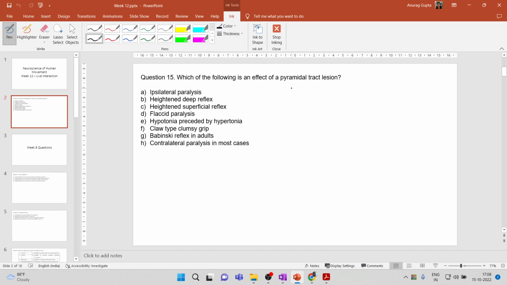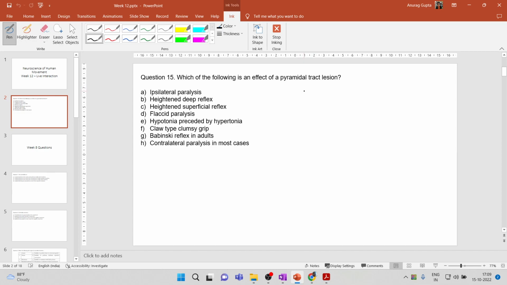The neurons that go from the cortex to the brainstem are called the corticobulbar tract, and neurons that go from the cortex to the spinal cord are called the corticospinal tract. So they together form the pyramidal tract.